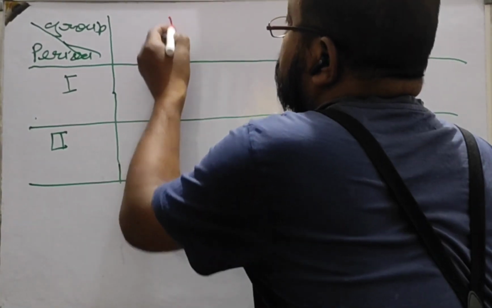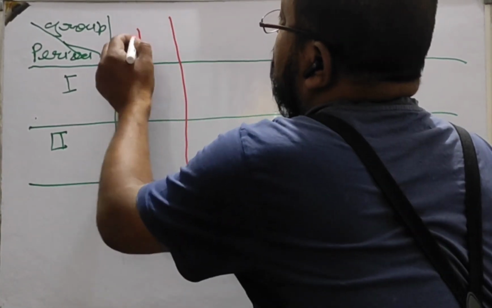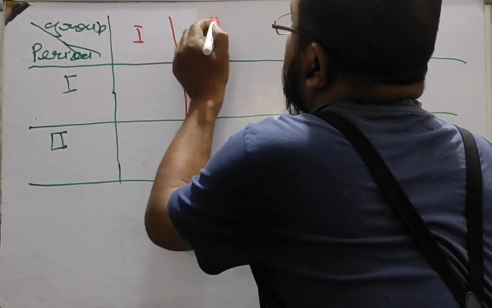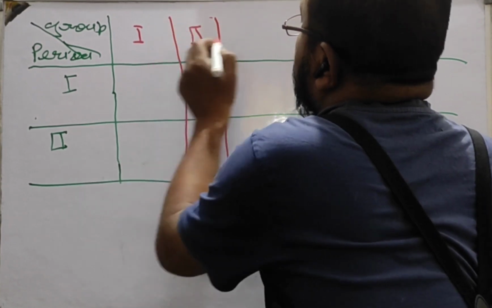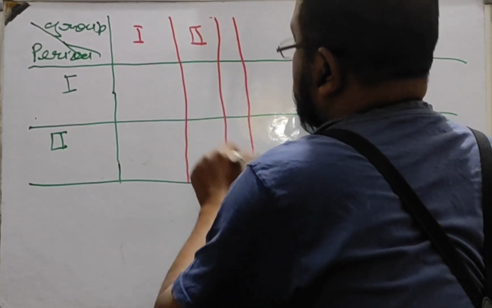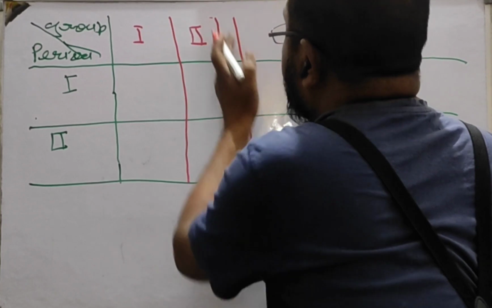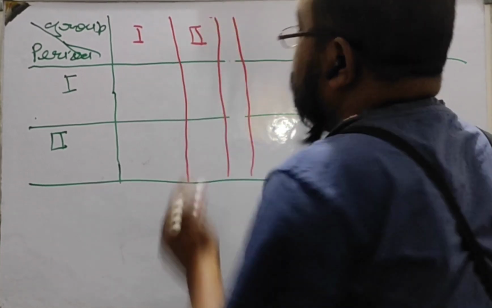This is group 1, this is group 2, and these are basically D block elements, right?